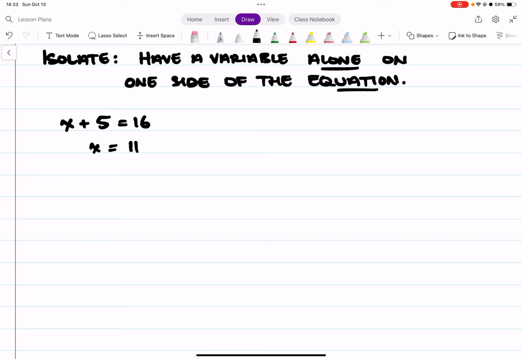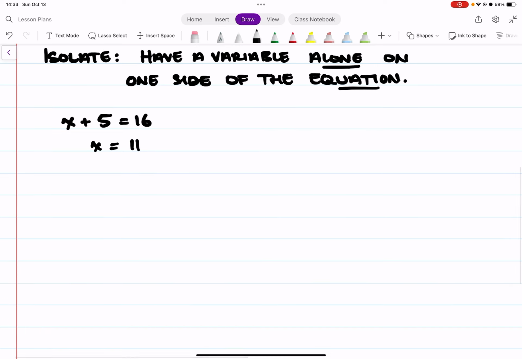So how do we isolate that x? A key thing you'll have to remember is that when isolating, you're going to work backwards.